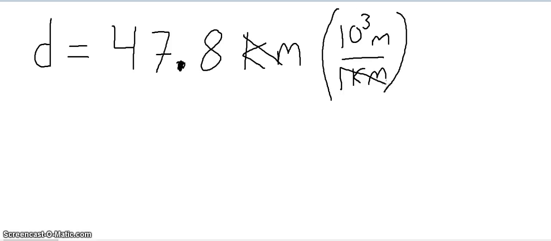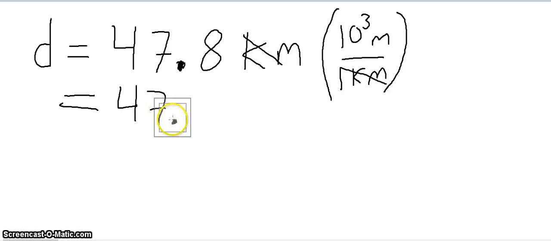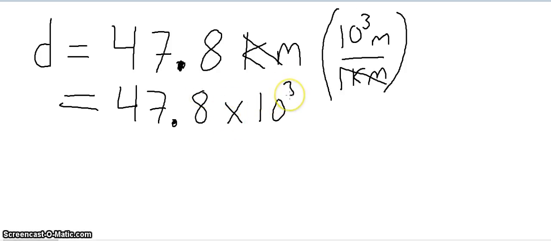And so this becomes, let's rewrite it down here, 47.8, and then we say times 10 to the third meters, because the kilometers have canceled, of course. Let me briefly talk about your calculator.